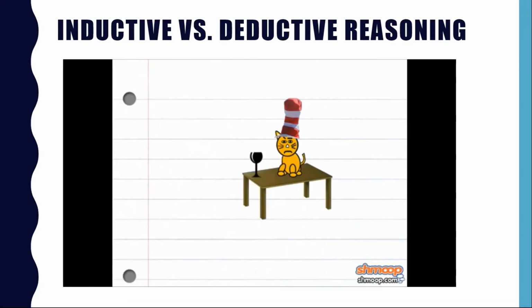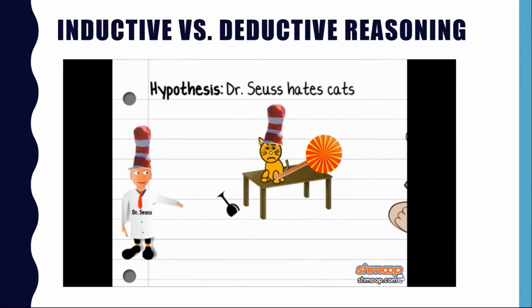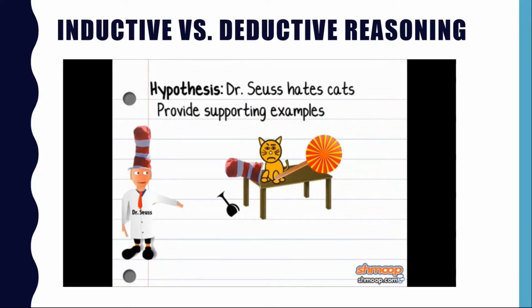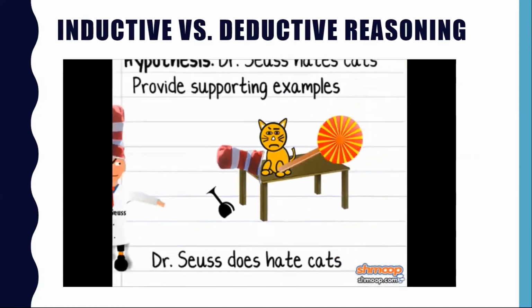For example, if you hypothesize that Dr. Seuss hates cats, and you provide examples from the Cat in the Hat that you feel support that hypothesis, you can deduce that Dr. Seuss does in fact hate cats. And let's not even get started on how he feels about Thing 1 and Thing 2.